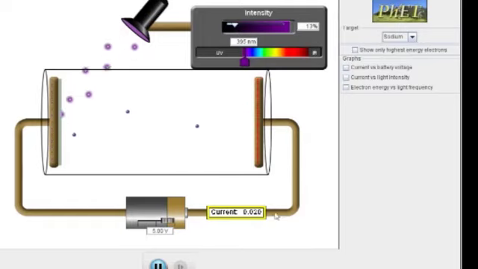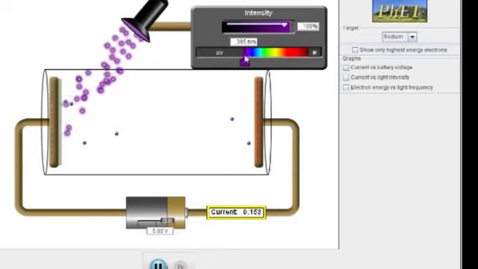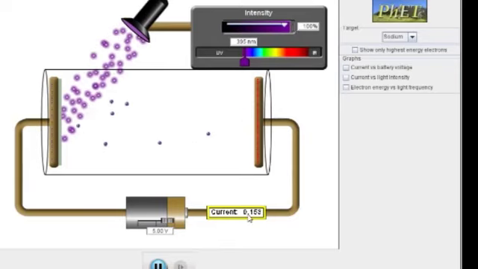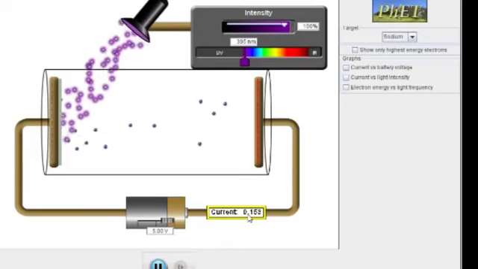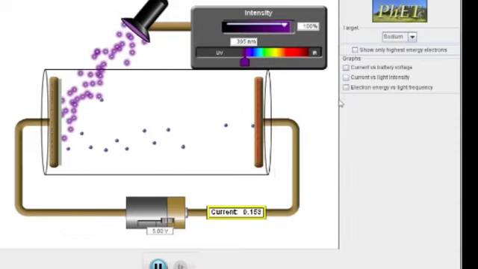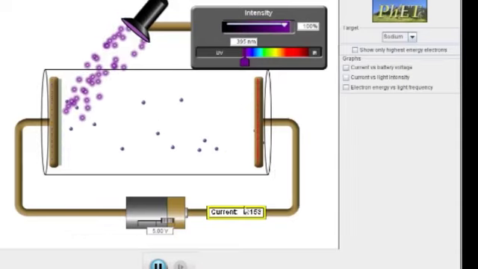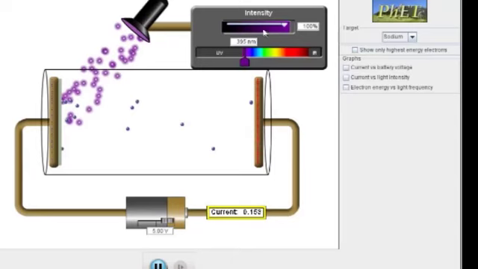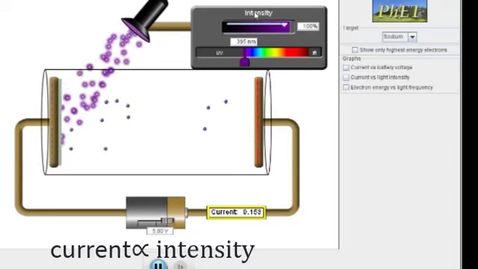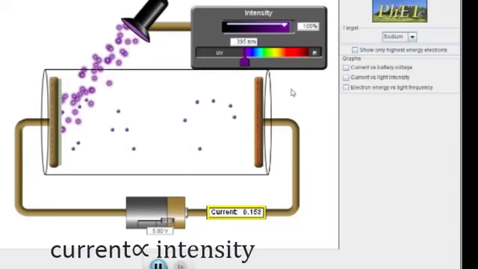Here the current is 0.20 ampere at an intensity of 13%, but if I increase the intensity, the value of current is rising, and at 100% intensity for this scenario it comes out to be 0.153. So what do we observe here? That the value of current is dependent on the intensity of light.